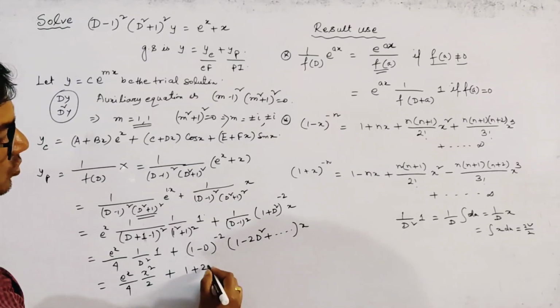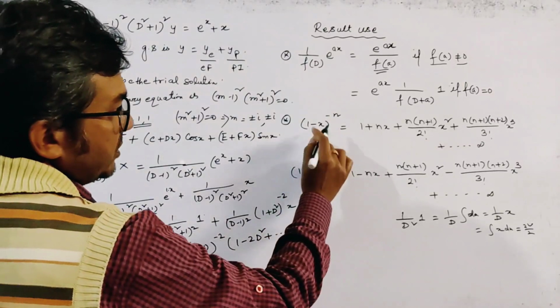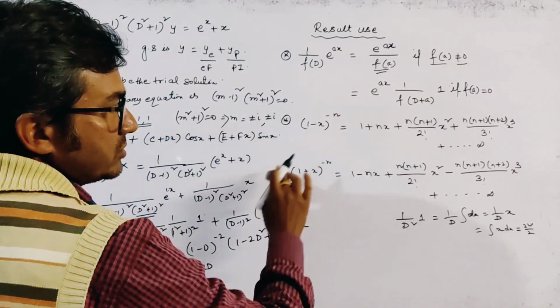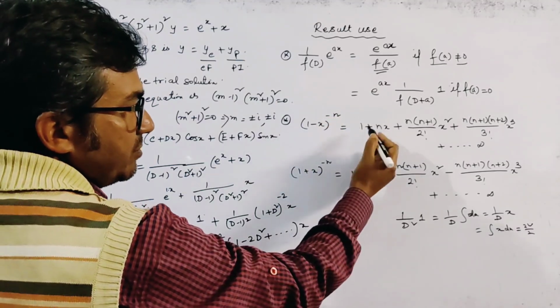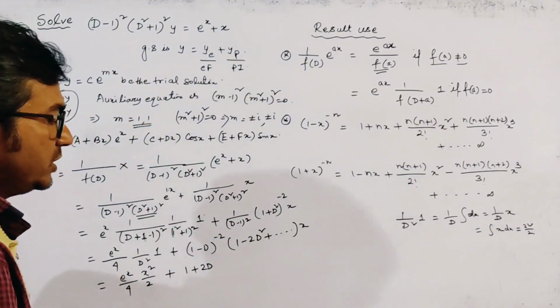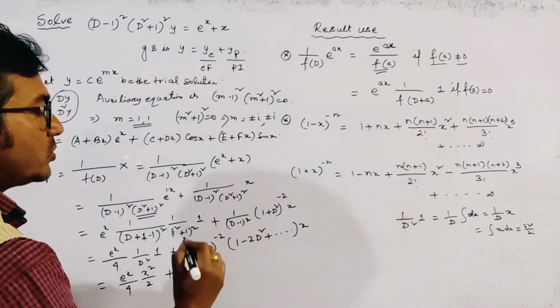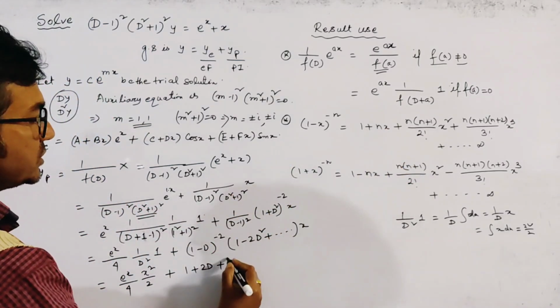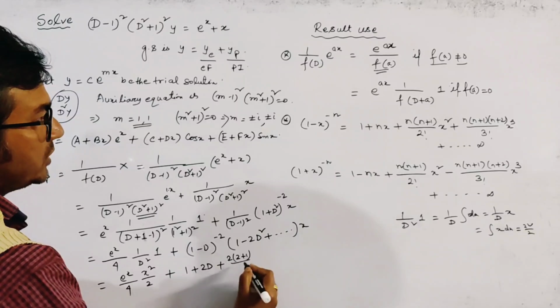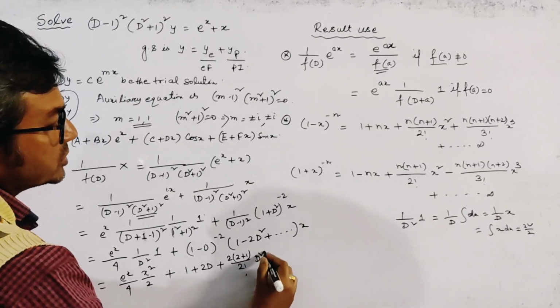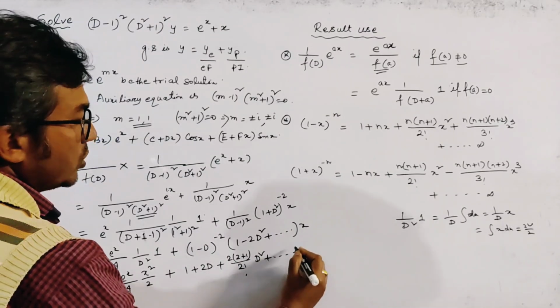For the second term we again expand this, this is given by 1 plus 2D, because the expansion of 1 minus x whole to the power minus n is given by 1 plus nx plus, and so on. If we write the third term, not required to write, but we write here, this is 2 into 2 plus 1 by factorial 2 into D square and so on.